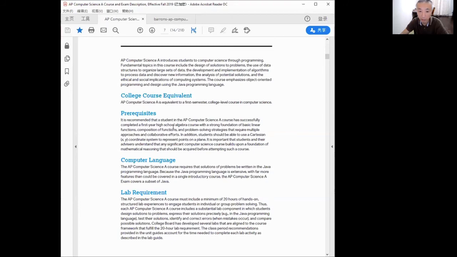If you already have pretty good mathematical thinking and understanding from your junior school, middle school, that's already good enough. First year high school algebra course with a strong foundation of basic linear functions, composition functions, and problem solving strategies. Okay, blah blah blah.